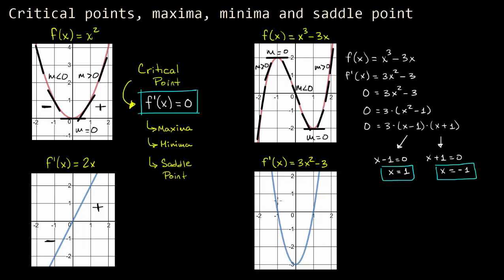As you can see, before the negative 1, all these values are positive, above the x-axis, and that is why the slopes, the m, will be positive, greater than 0. Once you reach the negative 1, you have negative values, below the x-axis, and that's why you got m lesser than 0.